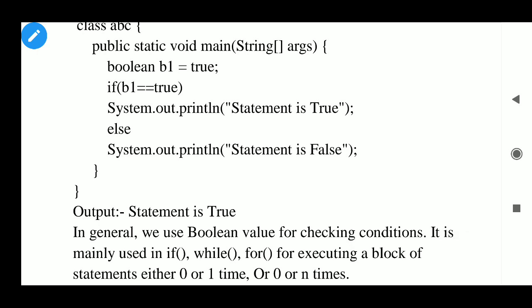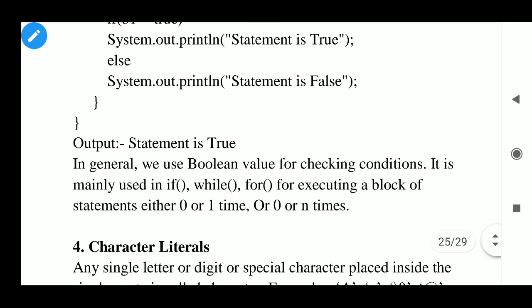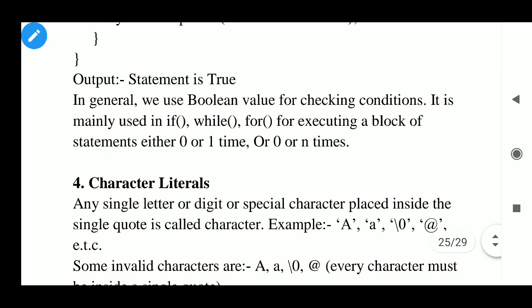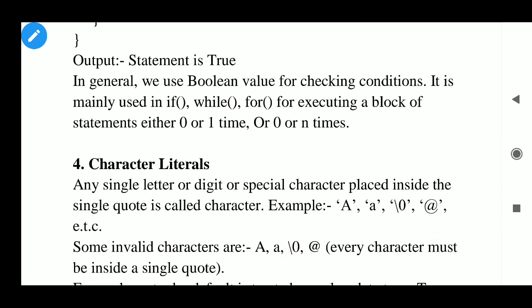In general, we use boolean values for checking conditions. They are mainly used in if, while and for, for executing a block of statements either 0 or 1 time, or 0 to n times. Character literals: any single letter, digit or special character placed inside single quotes is called a character literal.